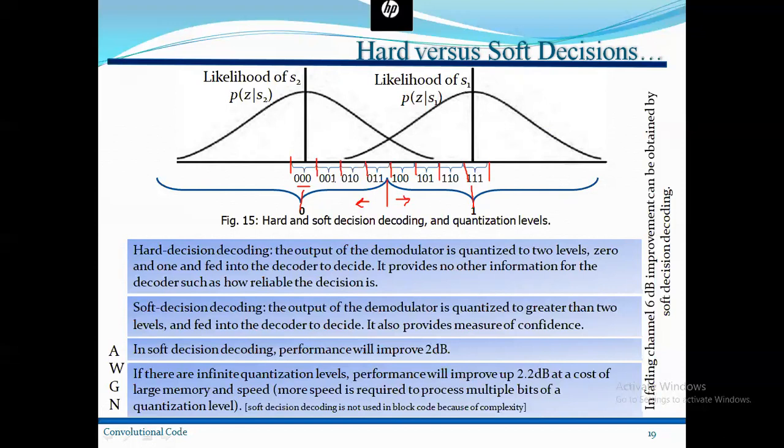This soft decision decoding will improve the performance of the decoder by 2 dB. And if we increase the quantization up to an infinite number of levels, there would be a 2.2 dB improvement. So it means that 8 quantization levels are appropriate for the decision of this binary 0 and 1.